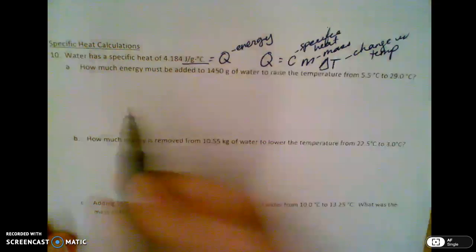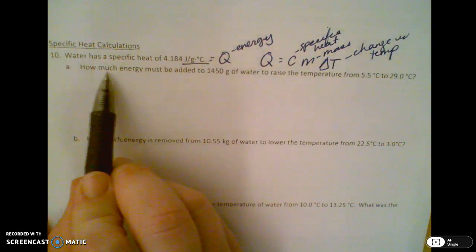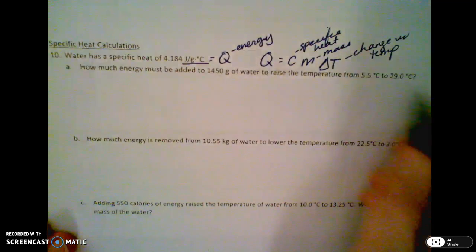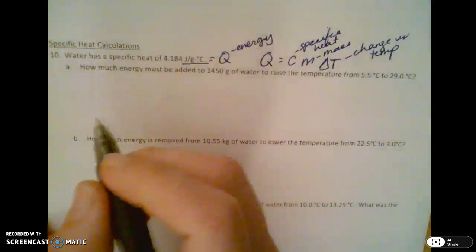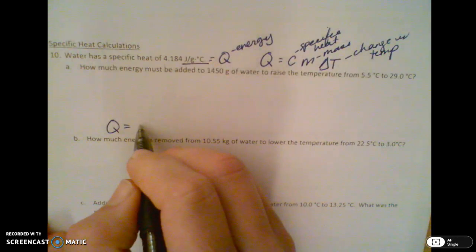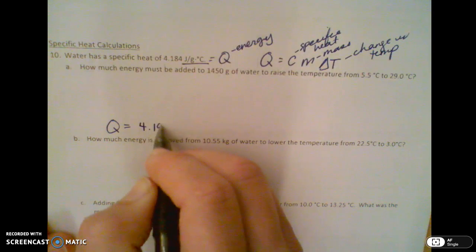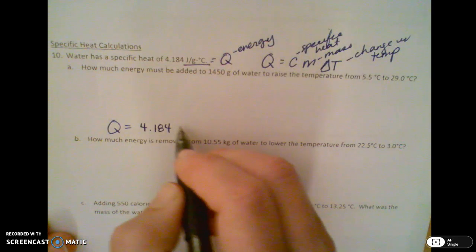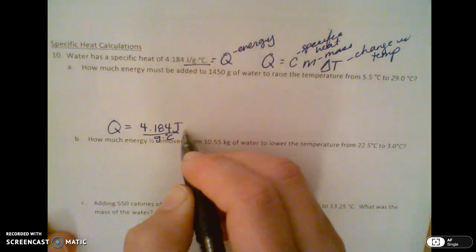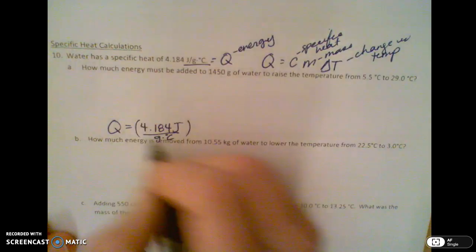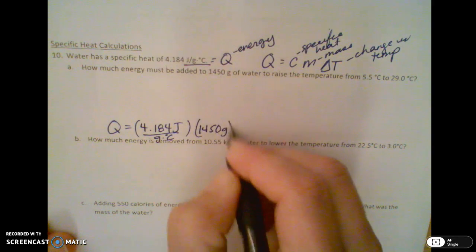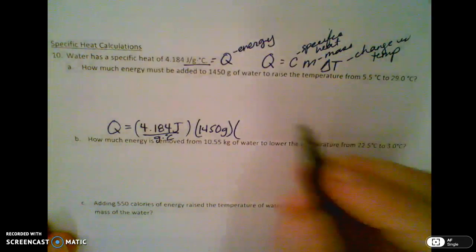So if you go ahead and look at this question, it's asking how much energy must be added to this many grams of water to raise it from this temp to this temp. So you can do this one of two ways. You can put it in your equation, which is Q equals my C, which is going to be 4.184 joules per gram times Celsius, times my mass, and my mass is 1450 grams, times my change in temperature.